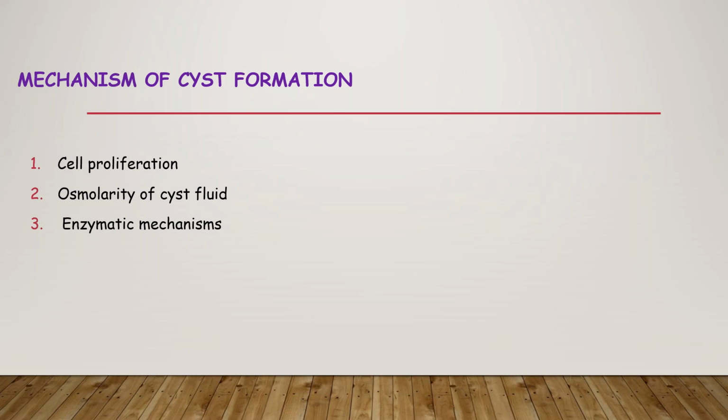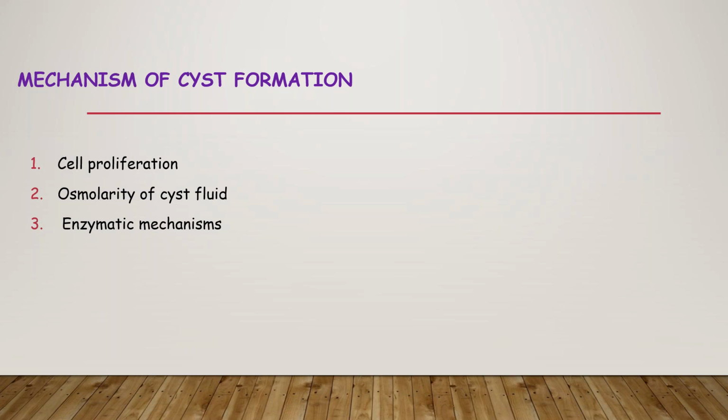The average concentration of cystic fluid is usually higher than that of the blood serum, which could be due to the presence of a large amount of soluble protein and cell breakdown products within the cystic fluid. Because of this, there is a significant osmotic difference between the serum and the cystic fluid, which helps to draw more and more fluid towards the cystic lumen through the process of diffusion.